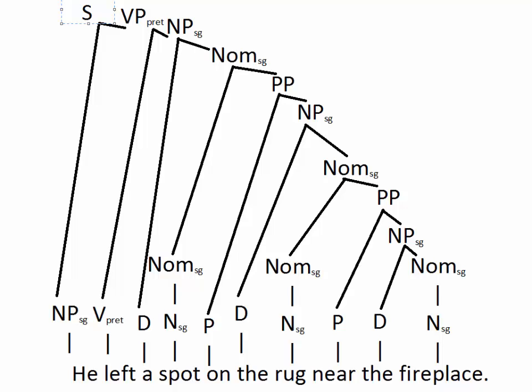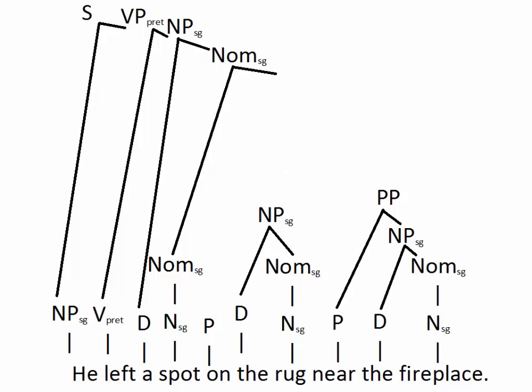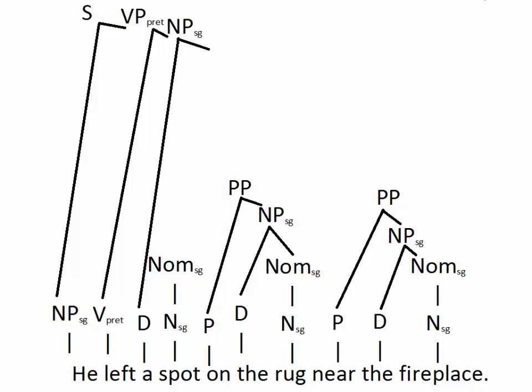If, however, we want near the fireplace to modify the spot, we'll have to first make on the rug a prepositional phrase by itself, which means rug will now combine directly with the to make its own noun phrase. That in turn will combine with on to make the prepositional phrase, which will combine with spot to modify it.